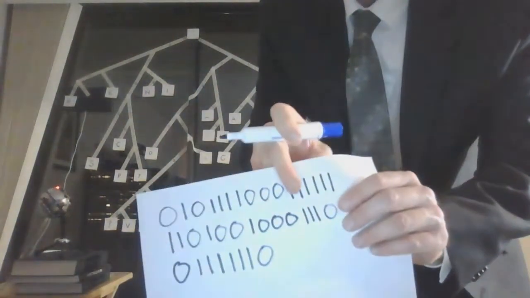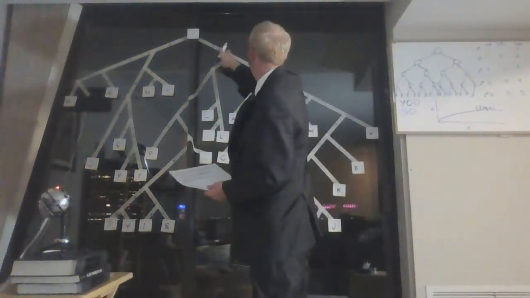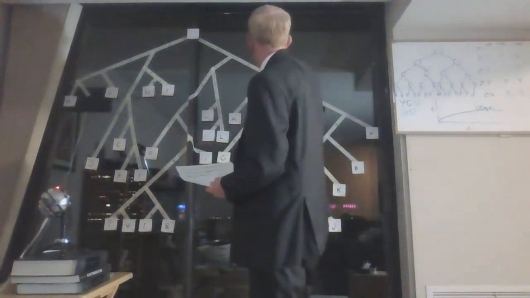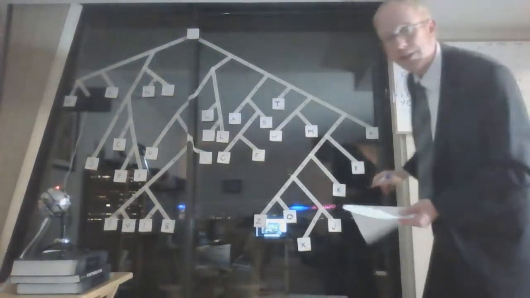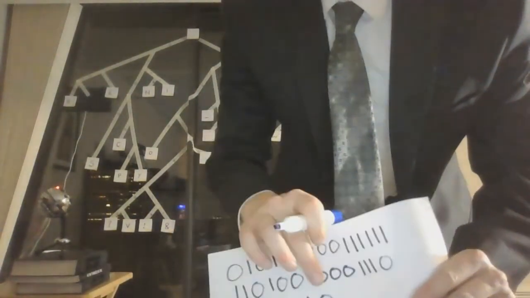And now that leaves us with 1, 1, 1, 0. Let's see where that takes us. 1, 1, 1, 0 takes us to the letter T. Now our final line, 0, a whole bunch of 1s and a 0.